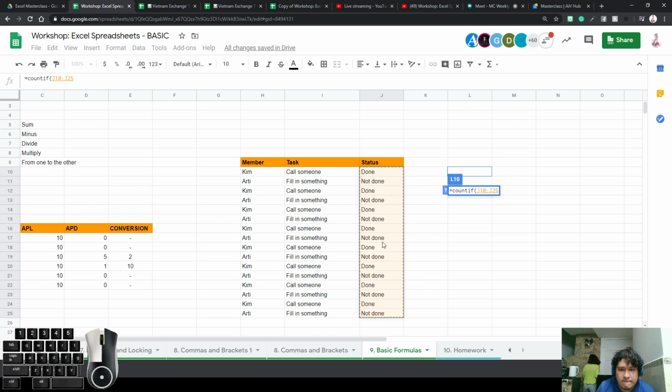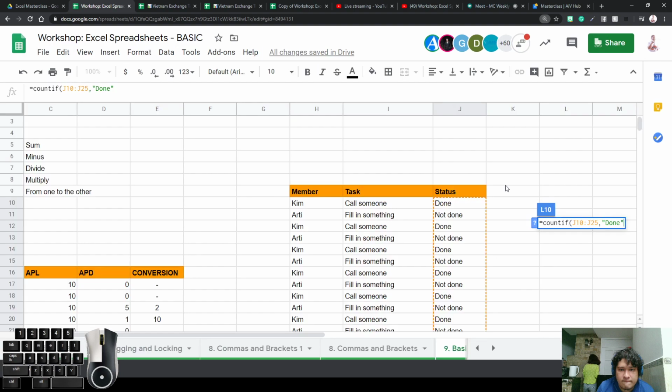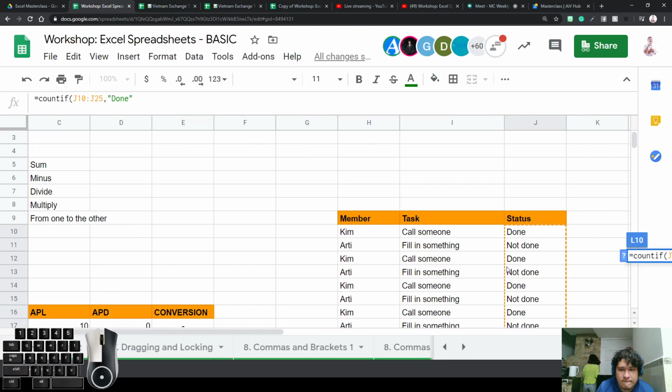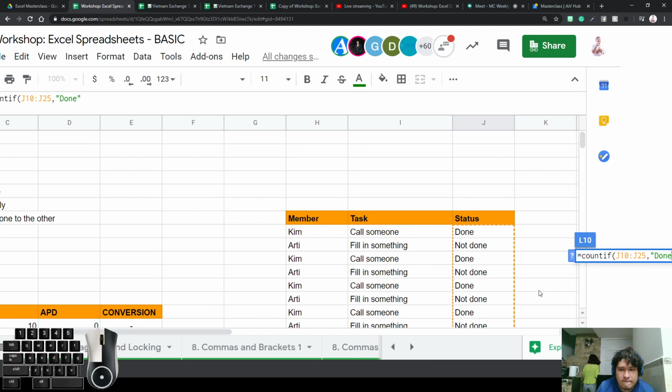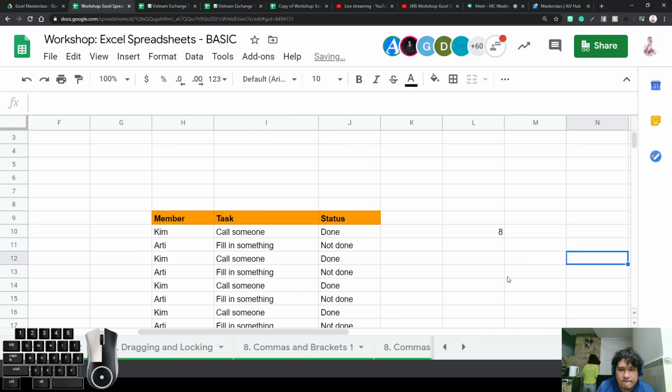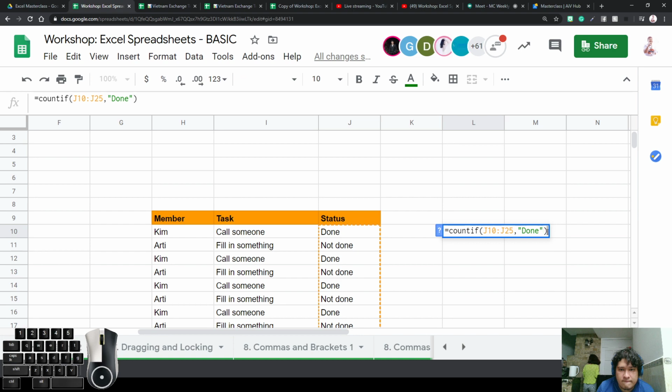I'm gonna put a comma, then I'm gonna say "done". I need to put it between quotation marks, and close the brackets, and that's it. I know how many tasks were done.